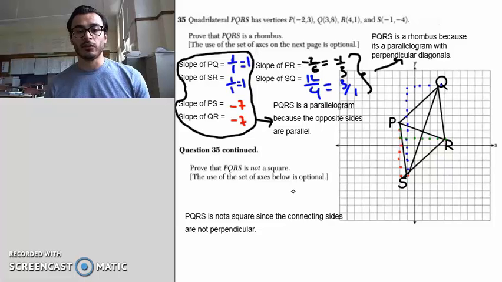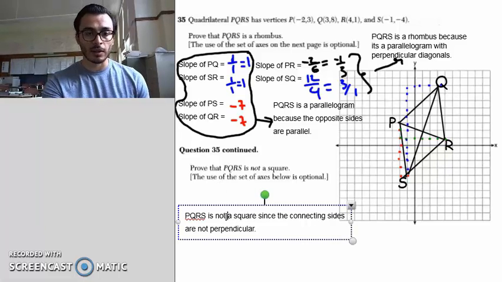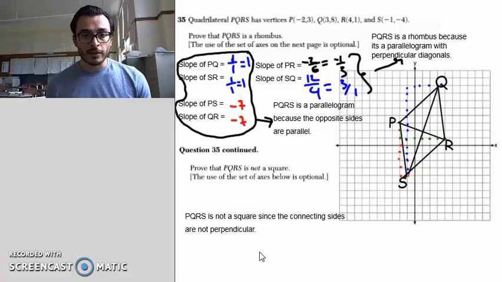Now, why is it not a square? The reason it's not a square, and I don't need to do much further work except to write a statement: PQRS is not a square since the connecting sides are not perpendicular.